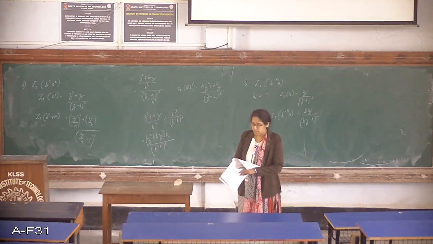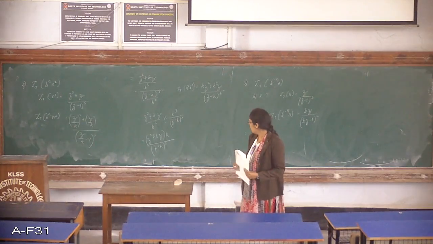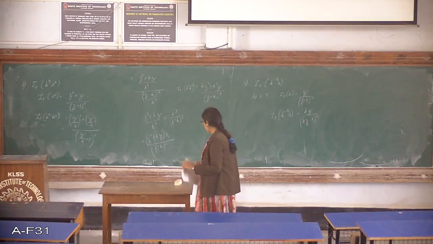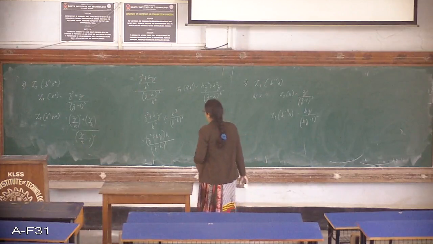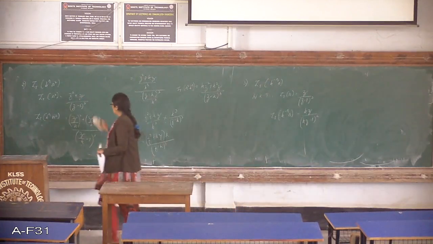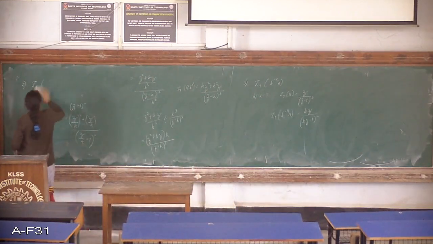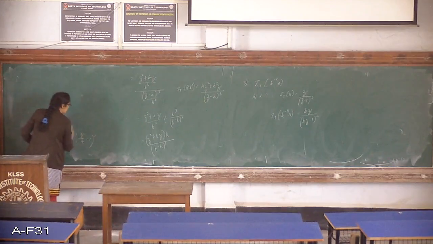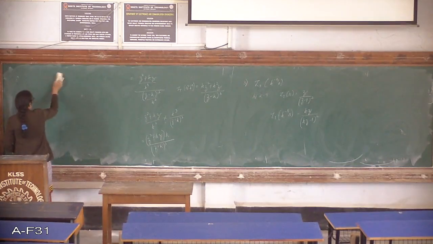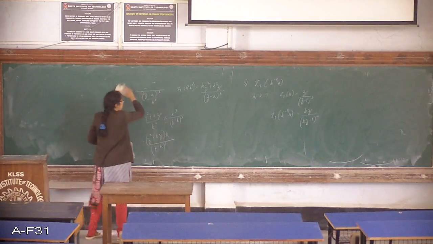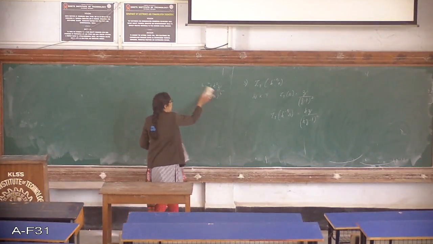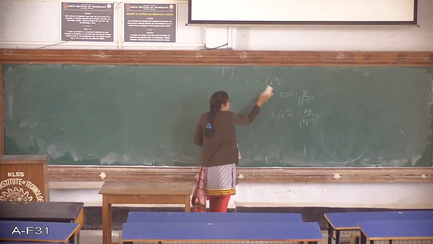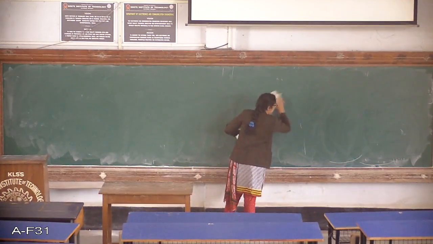So now let us go for one more important transformation, that is how z transforms are obtained for the trigonometric functions, cos n theta and sin n theta. There are many ways of solving it. Let me go for one particular way wherein I'll be making use of e raised to i n theta.